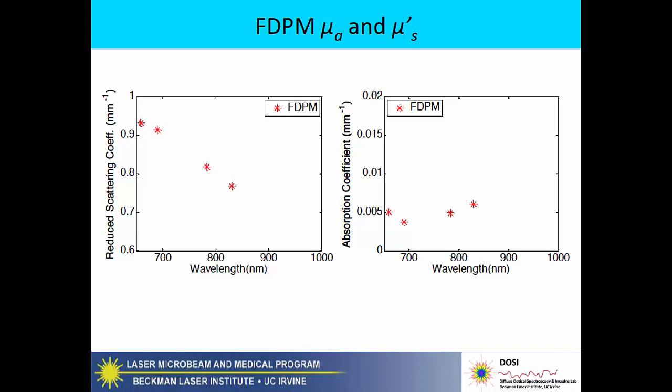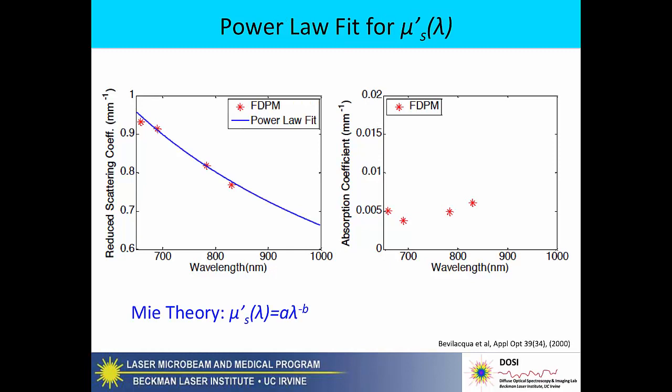So these are our discrete calculations of absorption at these discrete wavelengths and scattering at these discrete wavelengths. You know this functional form of the power law for scattering comes from Mie theory, and this is a pretty good descriptor of the wavelength dependence of scattering.